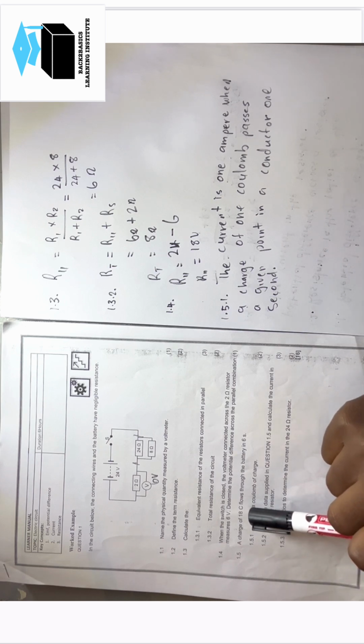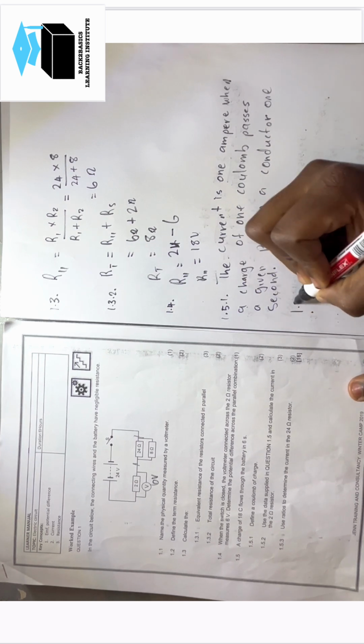Now let's look at 1.5.2. Use the data supplied in 1.5 and calculate the current in the 2 ohm resistor. You are given that the charge flowing through the battery is 18 coulombs in 6 seconds.